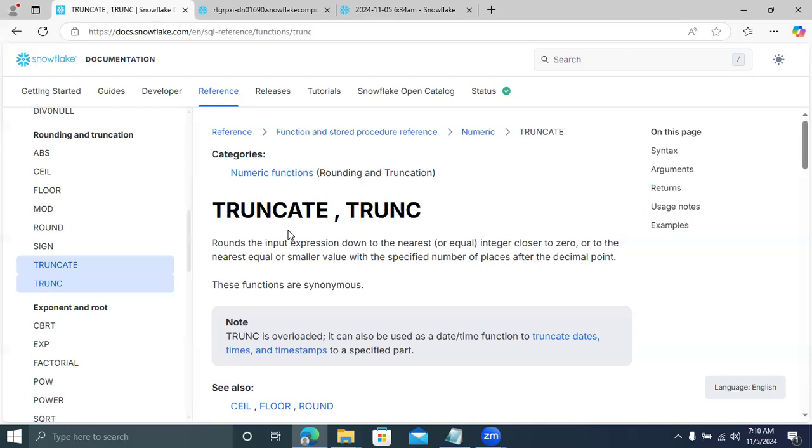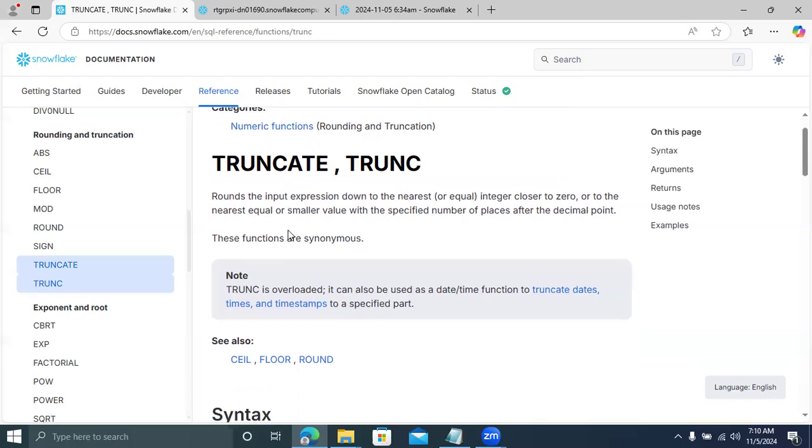What will this truncate function do? It will take the value to the nearest integer close to 0, or the nearest or smaller value with the specified number of places after the decimal point.